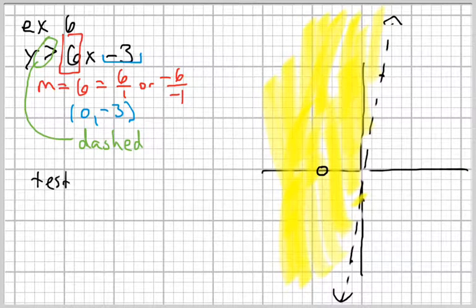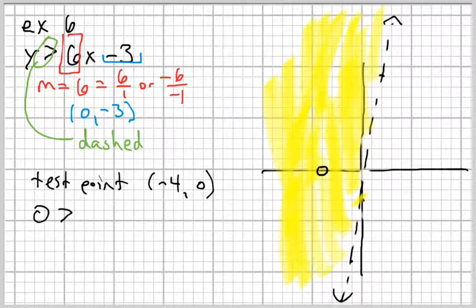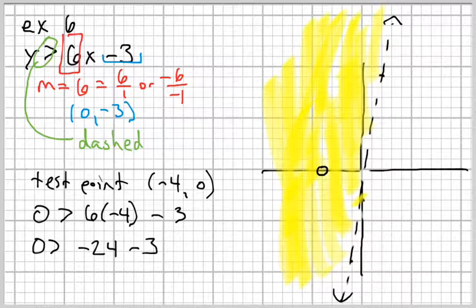So my test point, I'm going to pick negative 4 for the x value, 0 for the y. So plug in. 0 is greater than 6 times negative 4 minus 3. 0 is greater than negative 24 minus 3. Is 0 greater than negative 27? Yes, it is. That is true. So we should shade the side that includes that test point.